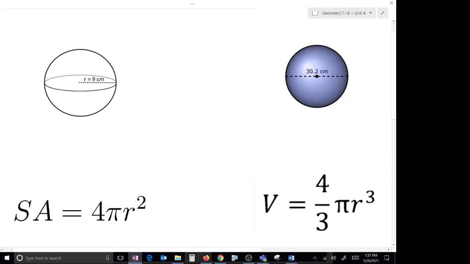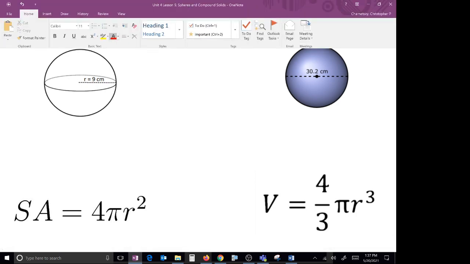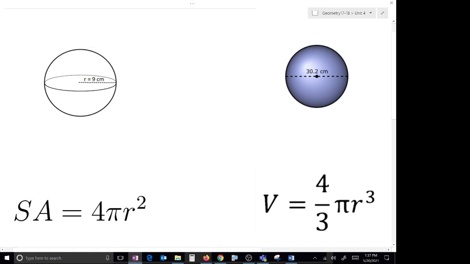The actual surface area formula is pretty simple. You only need one thing to input, and that's the radius. In this case, our radius is 9 centimeters. So we go ahead and plug that in.